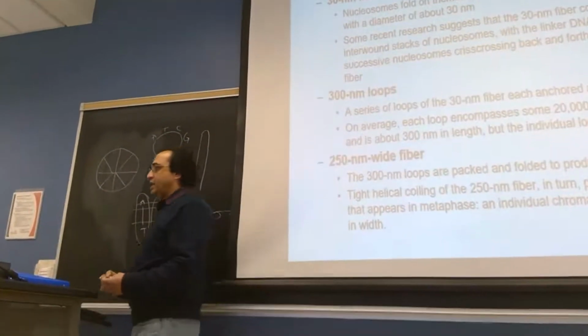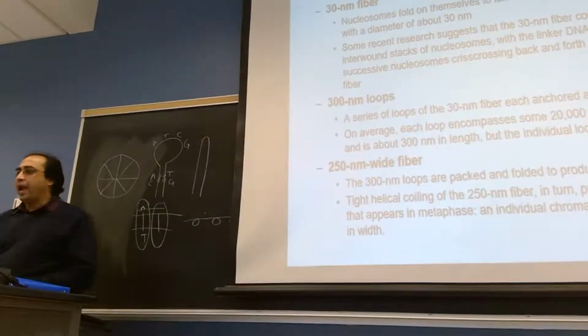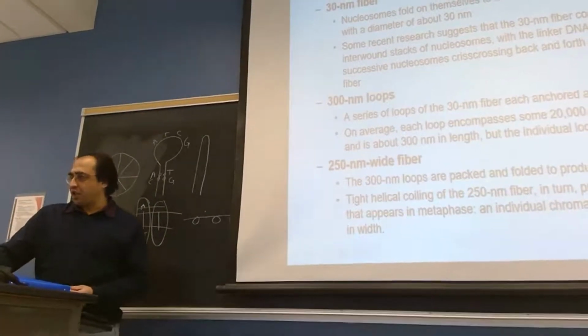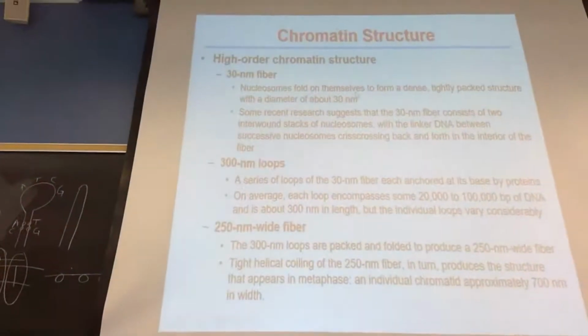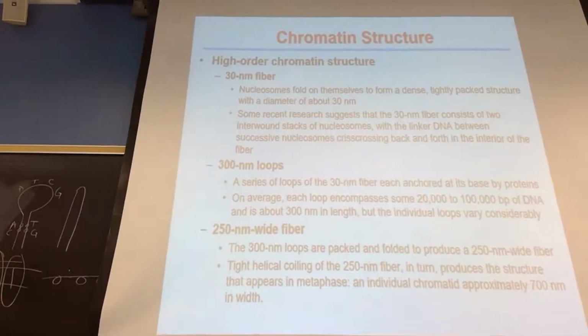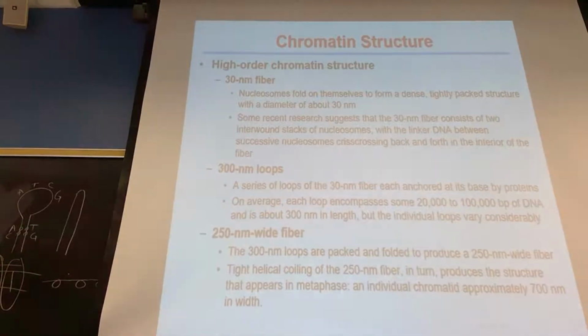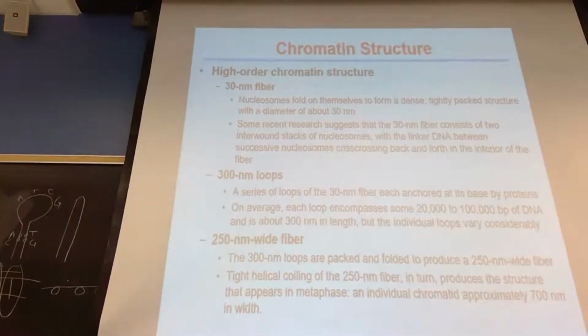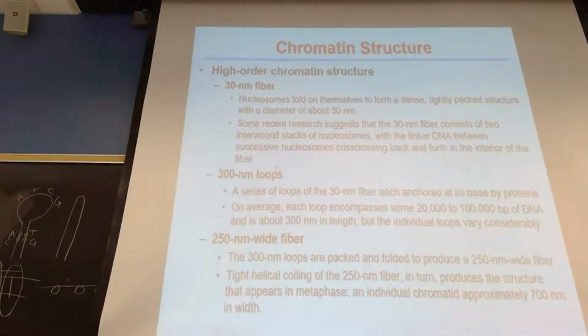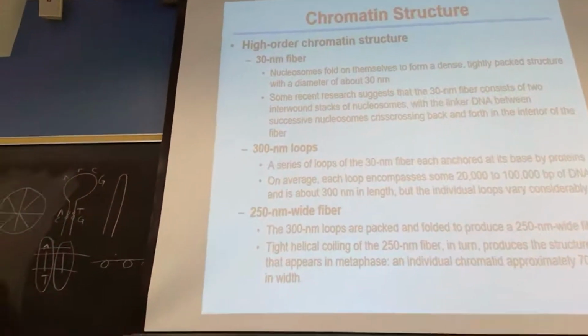In such a way, they can make the higher order chromatin structure. First, nucleosomes fold themselves to form a 30 nanometer structure. This is called the 30 nm fiber of DNA. These 30 nm fibers make some loops like this.